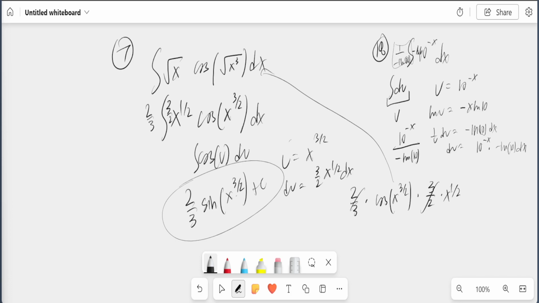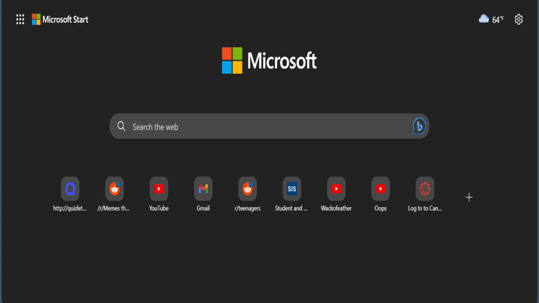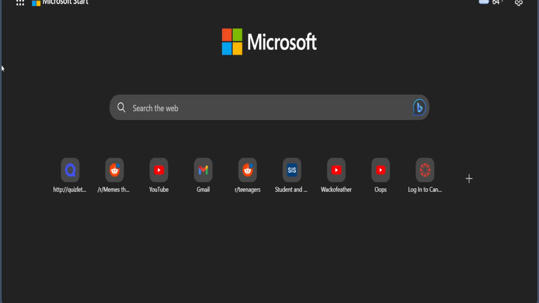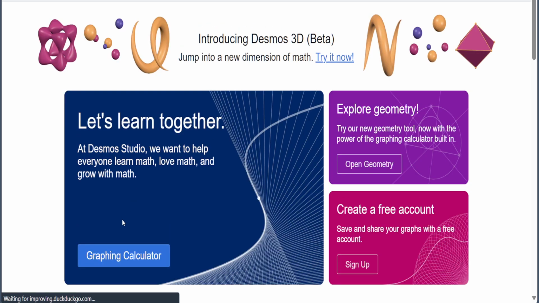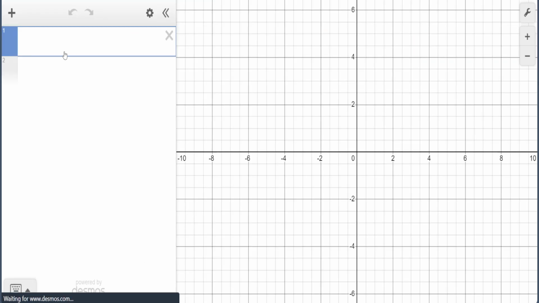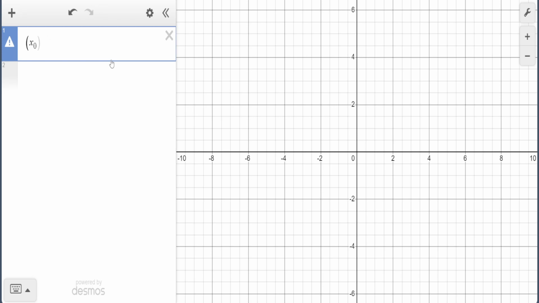That's okay. I'm thinking, let me put this through Desmos. Maybe there's some reason graphically that it doesn't work. What do we want to put in?